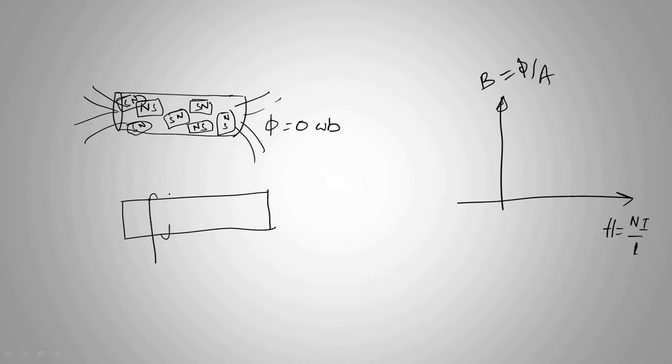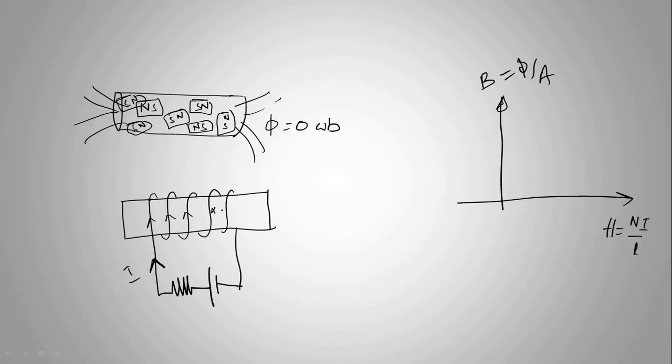The magnetomotive force can be given by using a DC source connected like this. Here we are connecting a rheostat in order to vary the input. The magnetic material is wound with a wire and connected to a DC source, and the current flows in this direction.